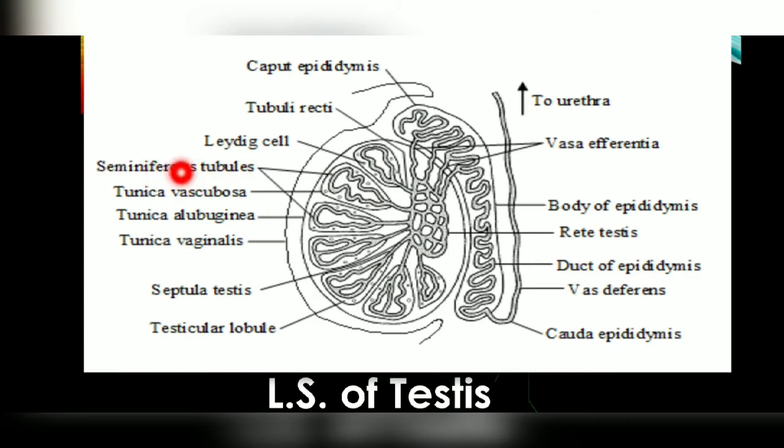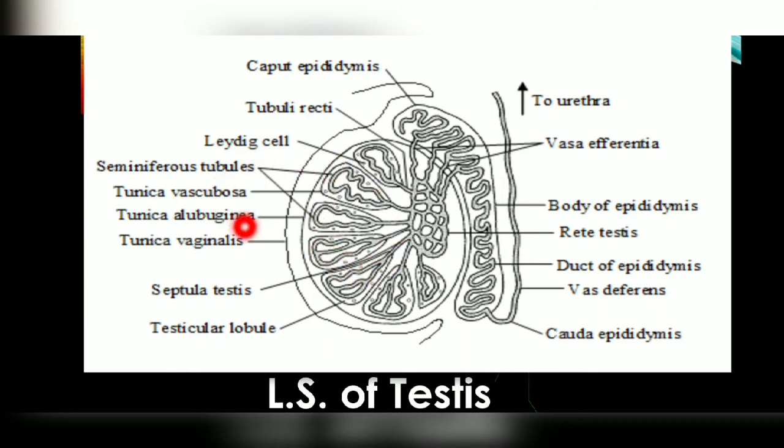These coiled structures called the seminiferous tubules. In one lobule there are approximately 1 to 4 seminiferous tubules. So in one testis, what is the number of seminiferous tubules? There are approximately 900 seminiferous tubules present in one testis.